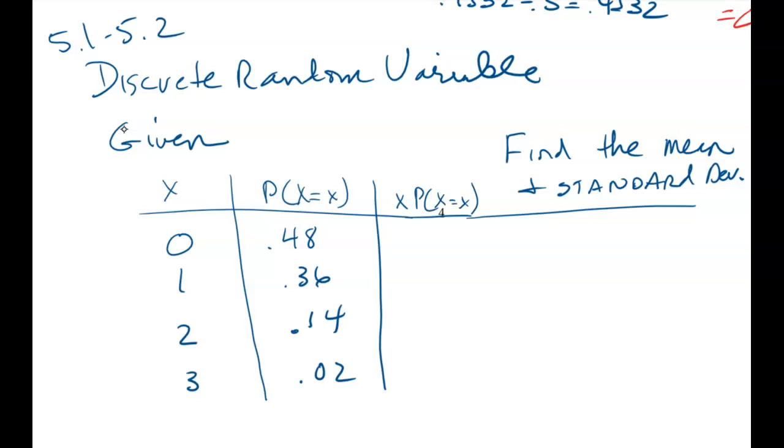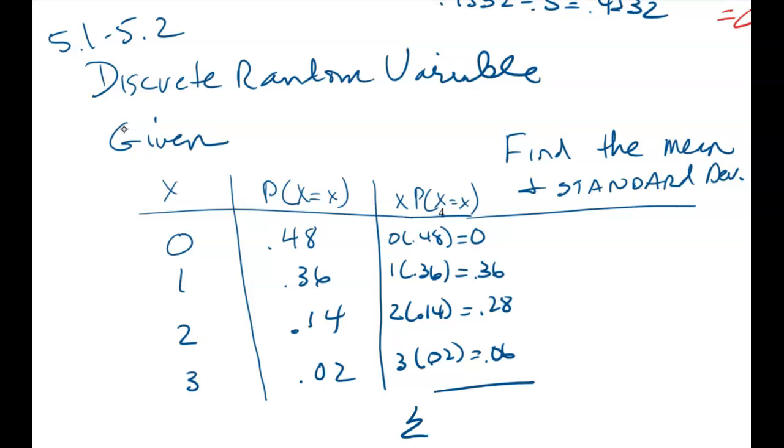That means 0 times 0.48, 1 times 0.36, 2 times 0.14, and 3 times 0.02.